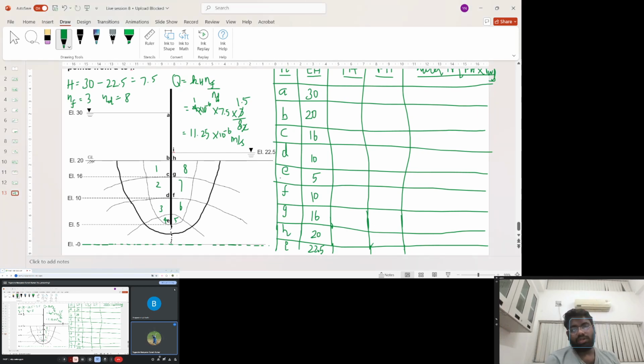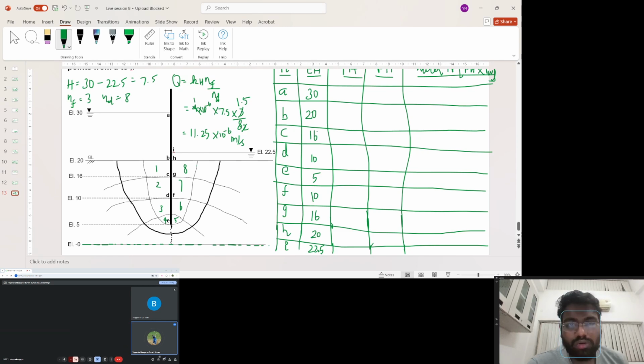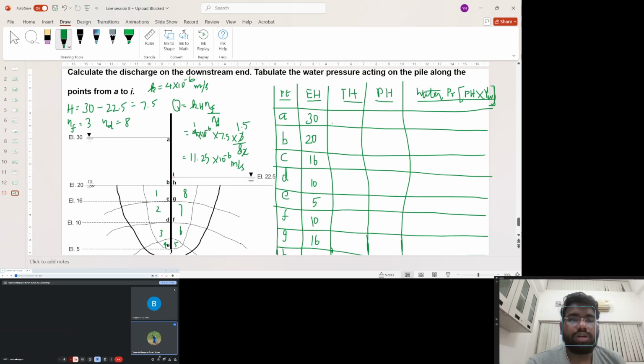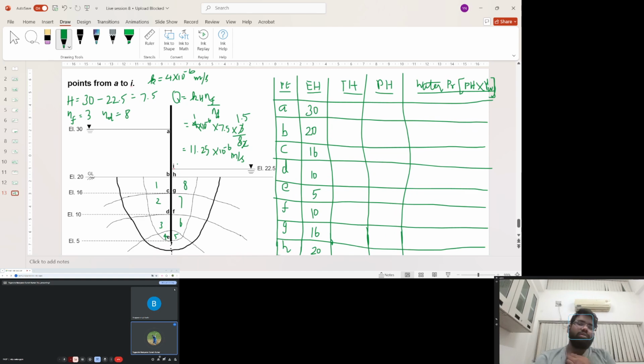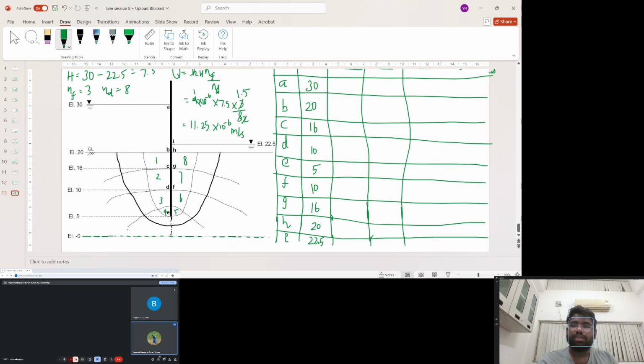Alright. Now coming to the total head. So how to determine the total head? Now we have to understand what is actually happening. So here at point A, the elevation head is 30 and if we keep the piezometer here, it will give 0.